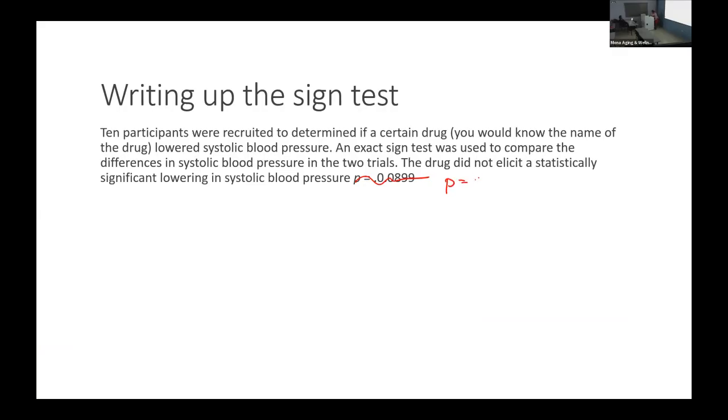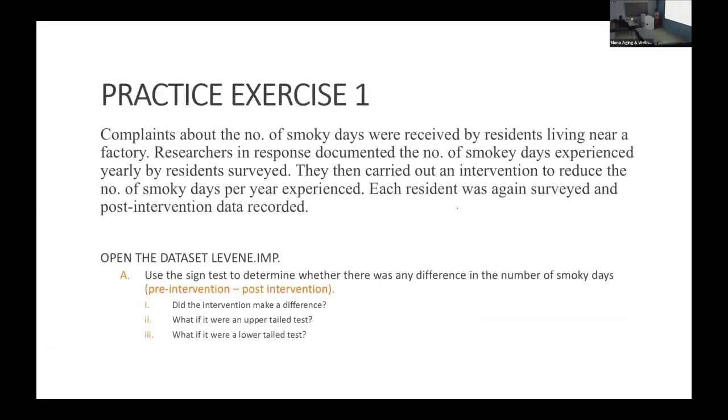P is equal to 0.1180. That's our p-value. That's the evidence that we didn't see any statistically significant lowering of blood pressure.